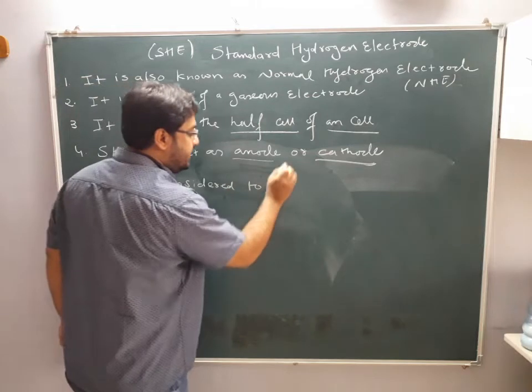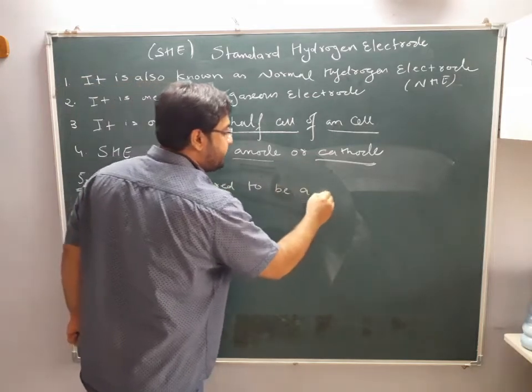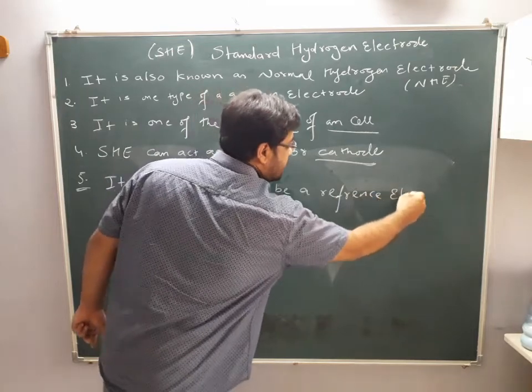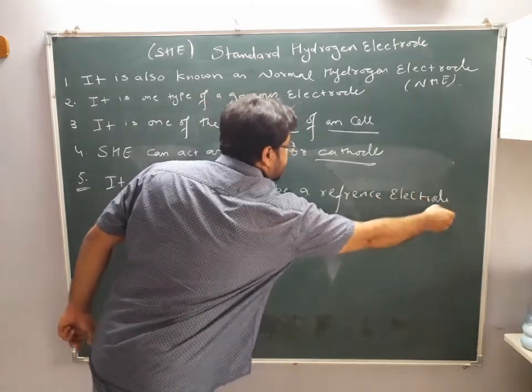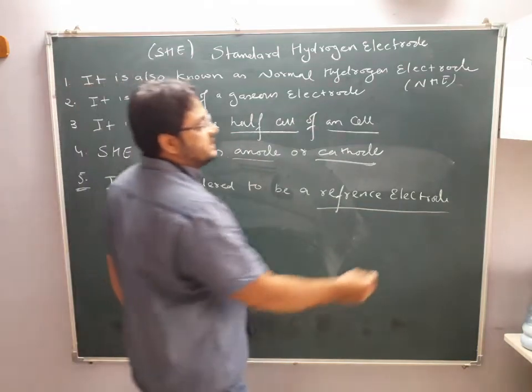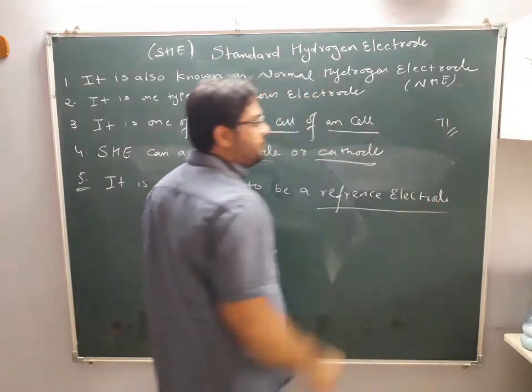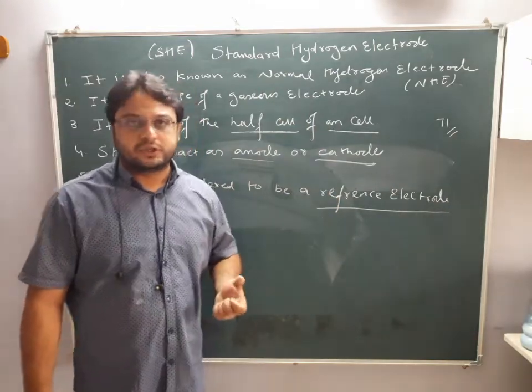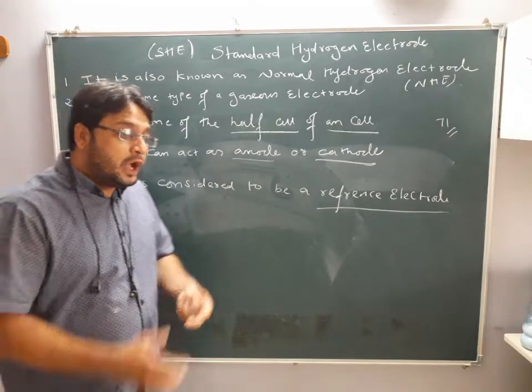Next, fifth point. It is considered to be a reference electrode. What do you mean by reference electrodes? If you go to your NCERT textbook at page number 71, you will see a number of electrode potential values. Zinc will be nearly minus 0.76, copper will be plus 0.34. How did we get that value?